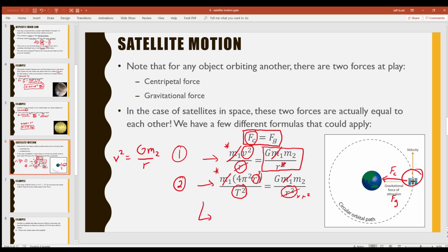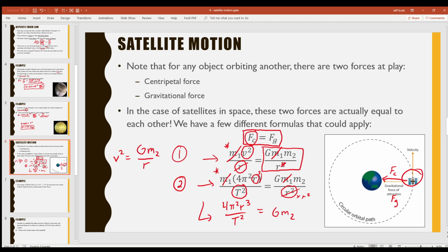So this one could be rewritten as, notice we got rid of our m1, 4 pi squared r cubed over t squared equals G m2. And that's about as much cleaning up as we can do with that formula.